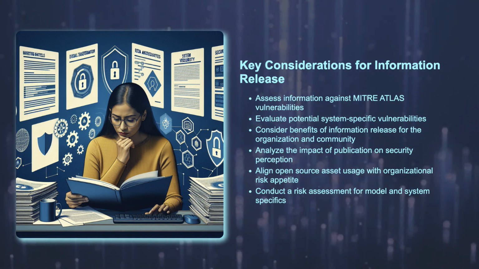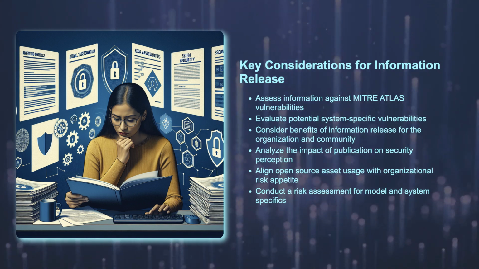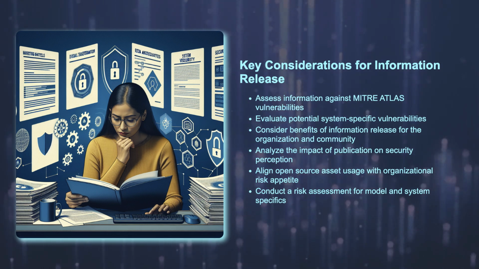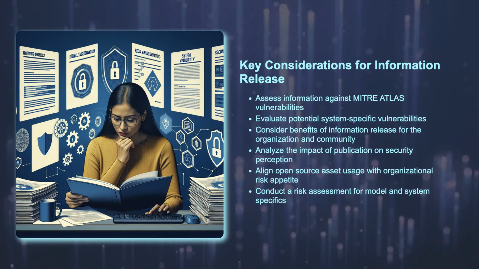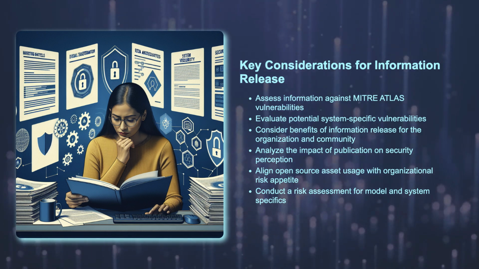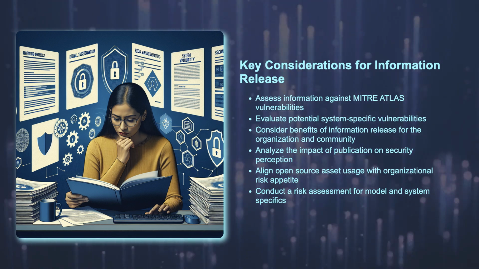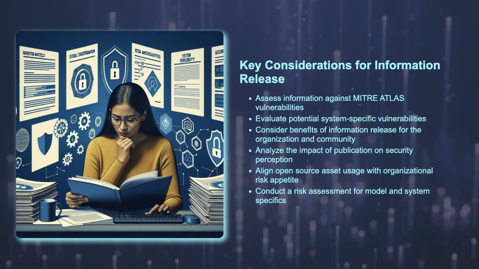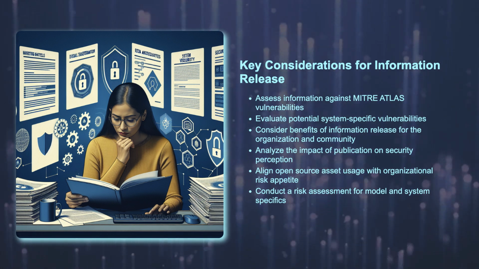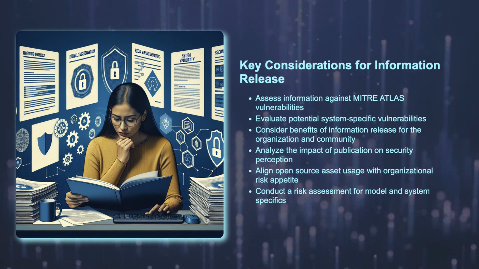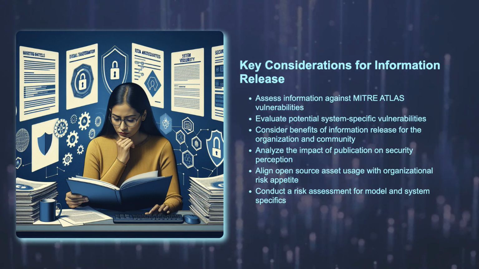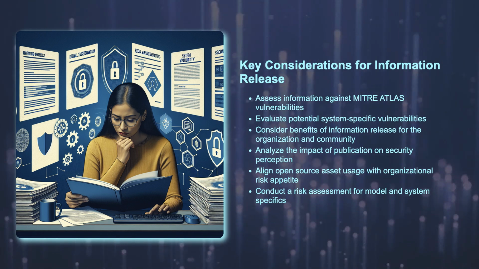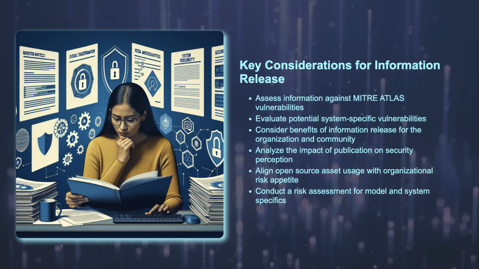The process should be tailored for your application and risk appetite, but it's likely to include an assessment of the information to be released against known vulnerabilities, such as those in MITRE ATLAS, the information to be released against the vulnerabilities in your system, how releasing the information will benefit your organization, system, or the wider community, and whether the intended message of publication can reduce negative impact on security.